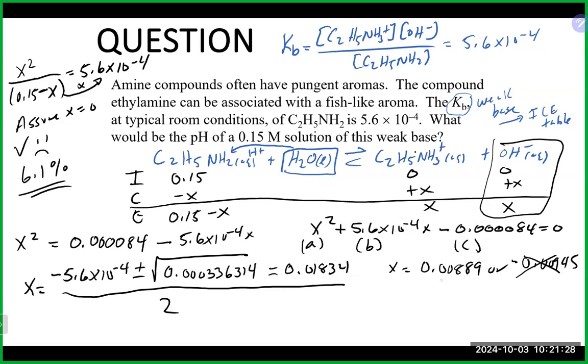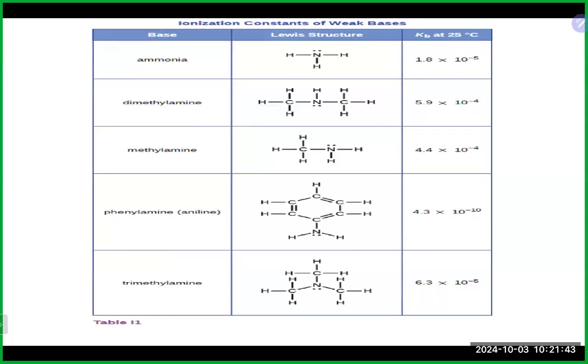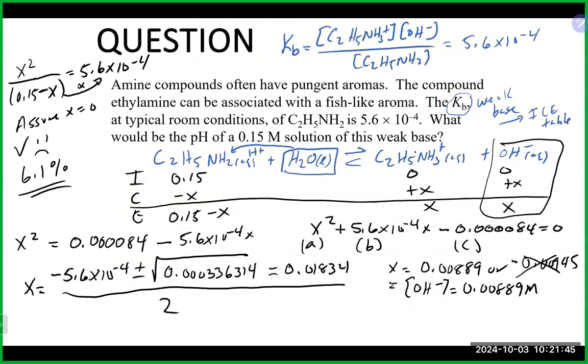That means here that this X value should equal my hydroxide concentration, which would be 0.00889 molar. Once again, we do want to remember that it is the hydroxide concentration. That is the hydroxide concentration. So we do want to go into the POH first.